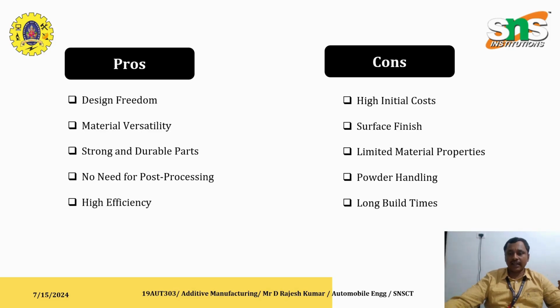Then there is the limit of material properties, you cannot use similar or multi materials in this process. That is a big disadvantage of this process. And the power energy requirements are high, and it takes longer time to build parts. So these are the disadvantages of this process.